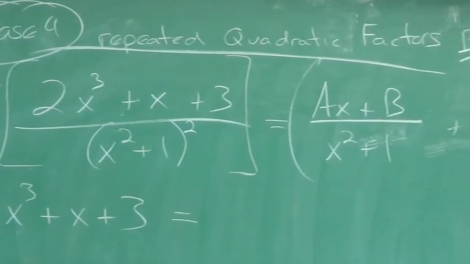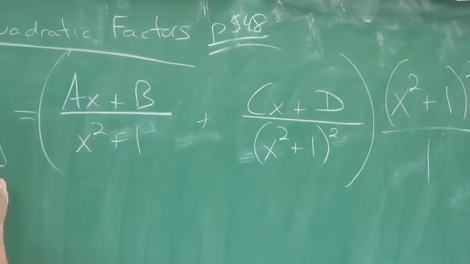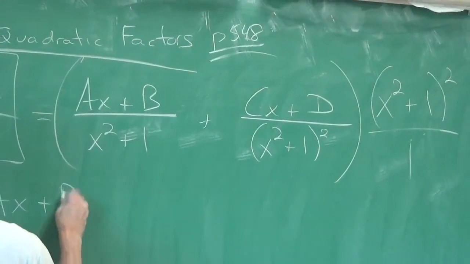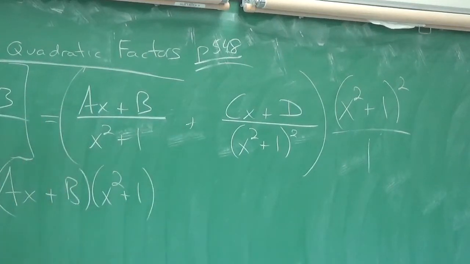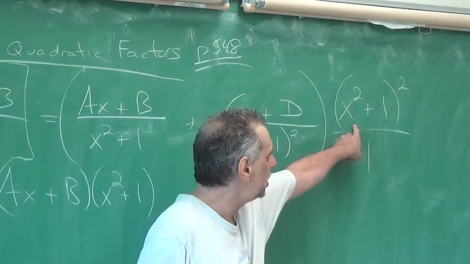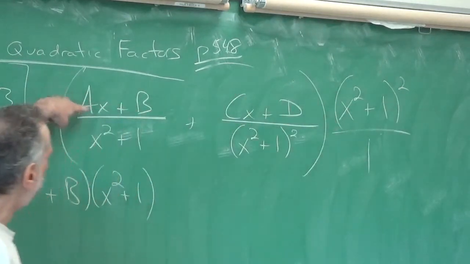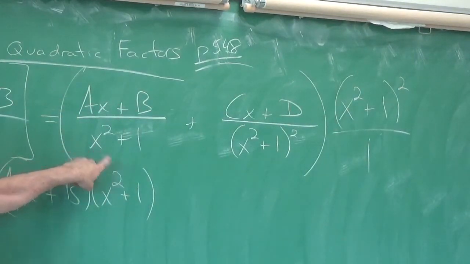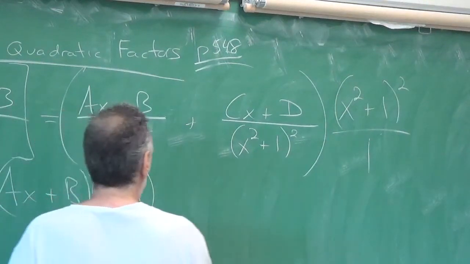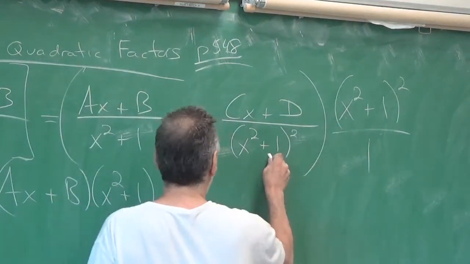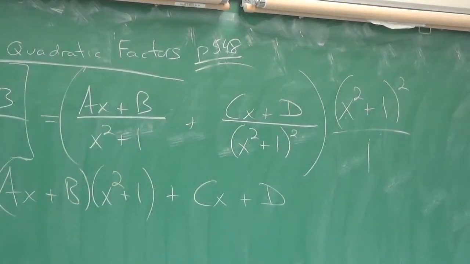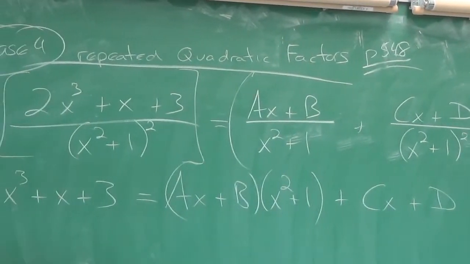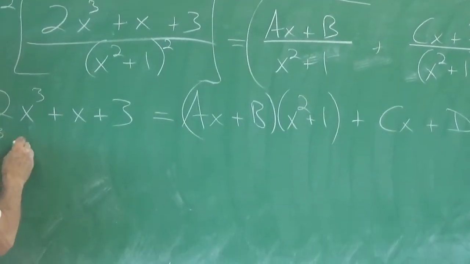On the right-hand side, we're going to get ax plus b times 1 factor of x squared plus 1. Right? This fraction times this one. We still got 1 factor of x squared plus 1 in the numerator. One of them is canceled out. And here, both of them get canceled out, so we're just left with the cx plus d. Right? Same process as before. Nothing changes over here.